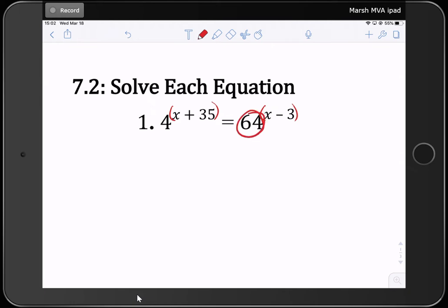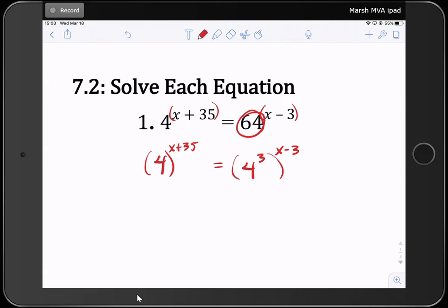So let me rewrite 64. So this becomes 4, stays the same, 4 raised to the x plus 35. And that equals something, something, x minus 3. How do I write 64 as a power of 4? Well, if you've got that table memorized, or you can check it on your calculator, we should realize that 4 raised to the third is equal to 64.